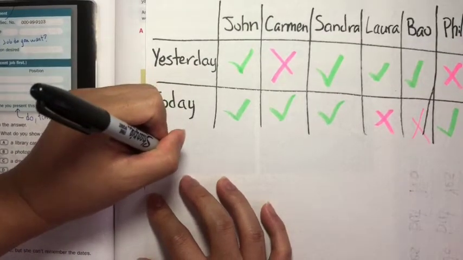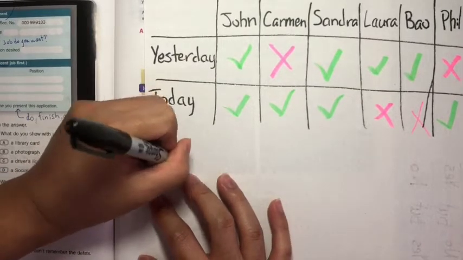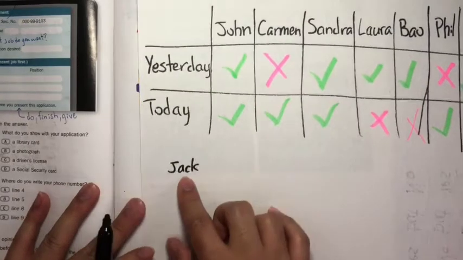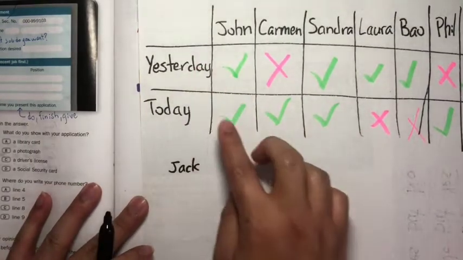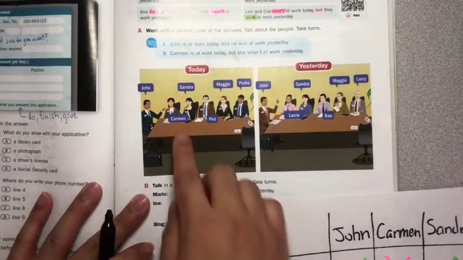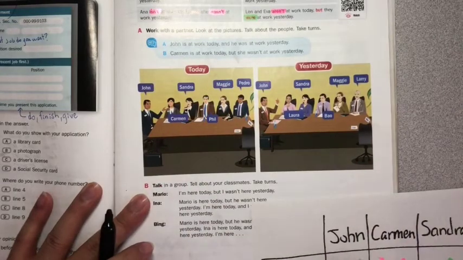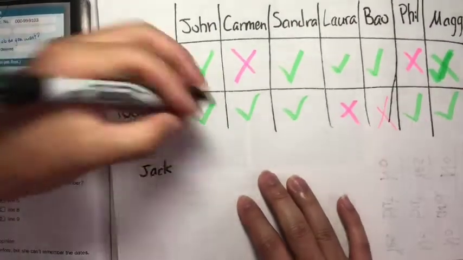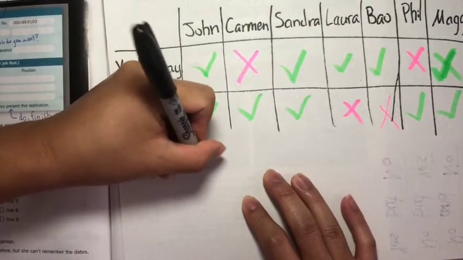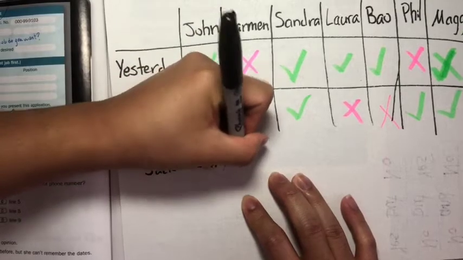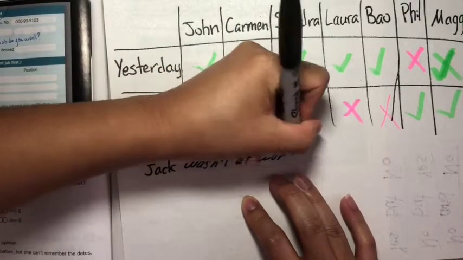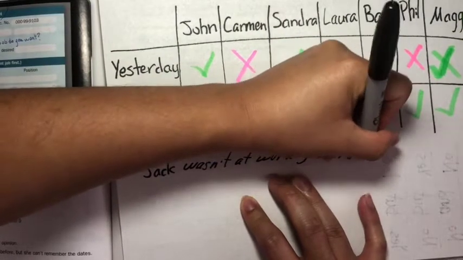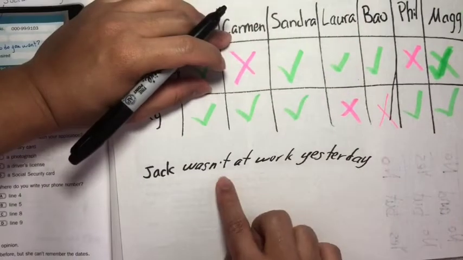His name is Jack. Was Jack at work yesterday? Is Jack at work today? Do you see Jack? No, Jack isn't here. So what do we say? We say Jack wasn't at work yesterday. Jack wasn't at work yesterday.